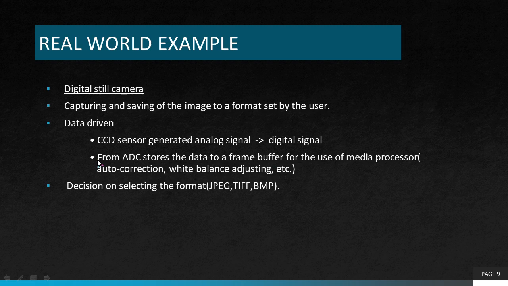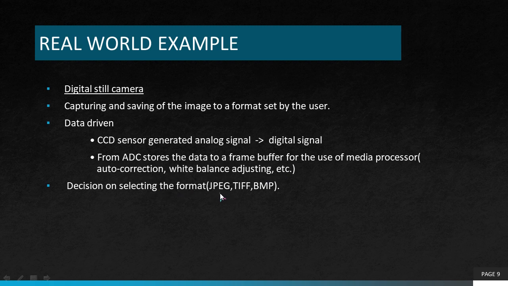This is the first one. Then from ADC, that is analog to digital converter, stores the data to a frame buffer. Then this data, that is the digital signal, is stored into a frame buffer for the use of media processor. Media processor will do auto correction, white balance adjusting, etc. Then the second one is a decision. Decision is on selecting the format.